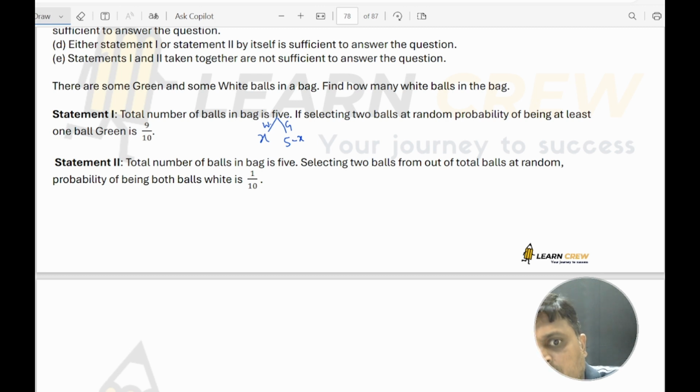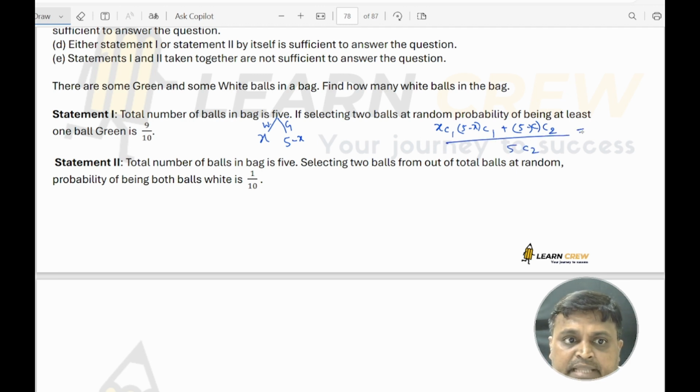One white out of X white balls is XC1, and one green from the remaining 5 minus X green balls, plus both from the 5 minus X green balls, which is 5 minus X C2, divided by choosing 2 balls from 5 balls, 5C2, and this probability is given as 9 by 10. From this we can find out the value of X.